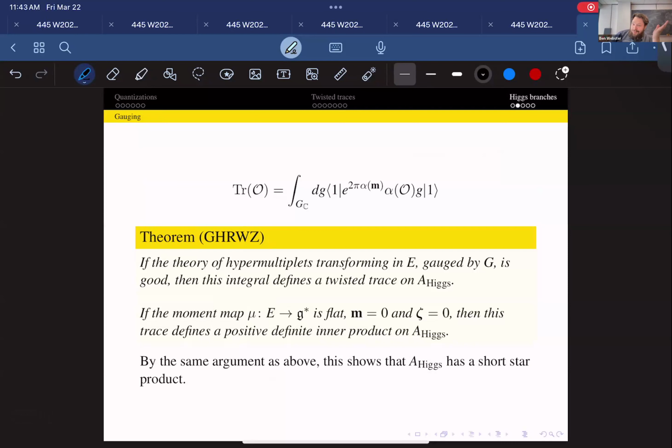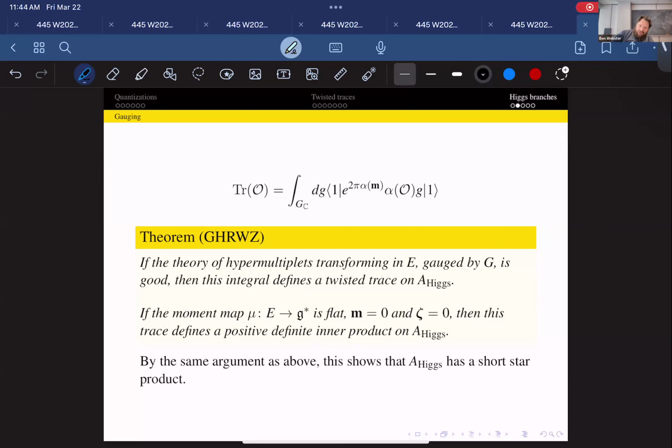Somehow it's probably not a coincidence that this has to do with having a conformal limit in the IR. And if you have some extra conditions, mathematicians like this, if the moment map is flat, and maybe the important physical part of this is that m equals 0 and the mass and Fi parameters are 0, then this trace is going to give you a positive definite inner product on A Higgs for the same reason that it did before.